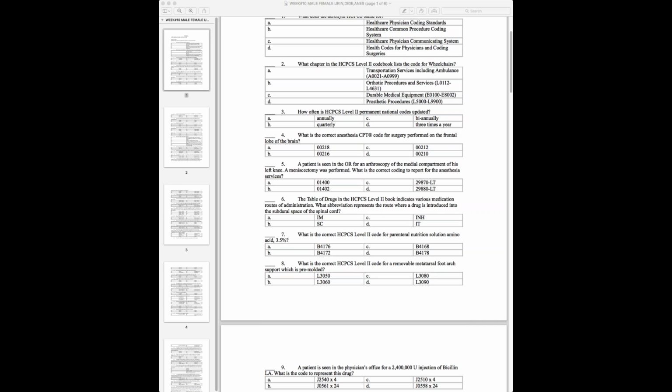Number 27, ICD-10, correct answer for 27 is B as in boy. And that would be just as simple as looking up those codes there. Or you can go to gastritis, acute with bleeding, and it should take you there in your ICD-10. Okay, number 28.